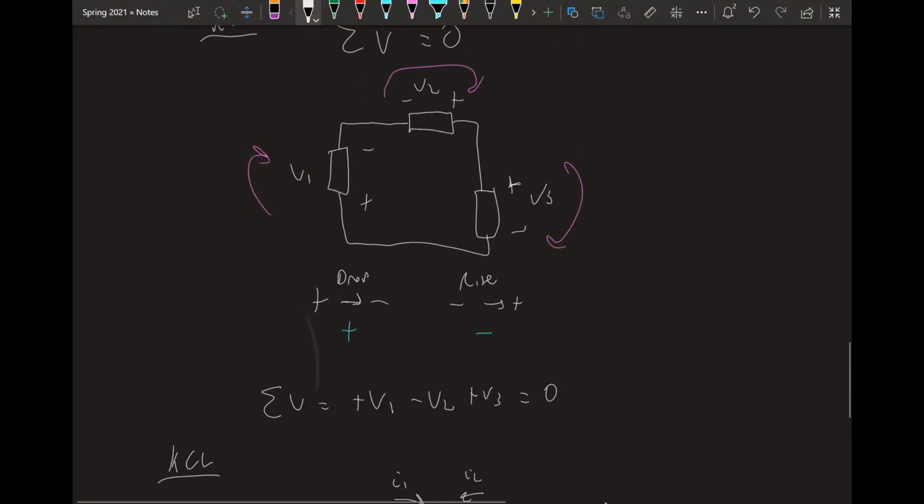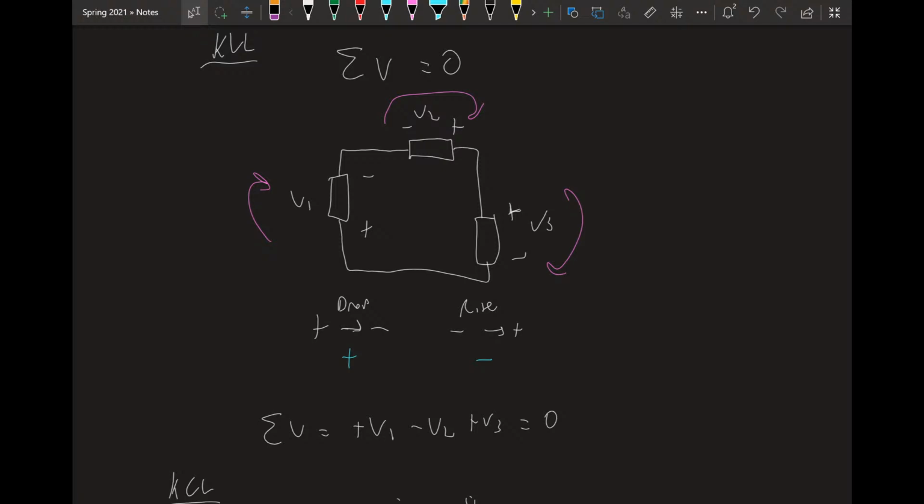Oh yeah, that's a good question. For resistors, because resistors always drop, like we said before, the way you define your current, that's the plus and minus, right? Voltage sources will have a plus and minus on them.